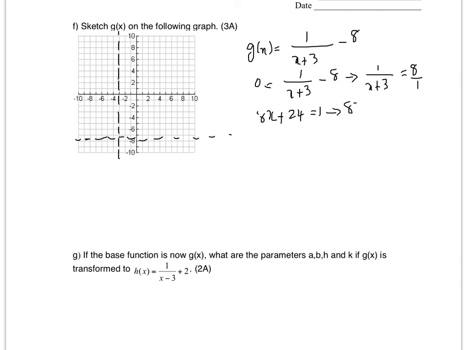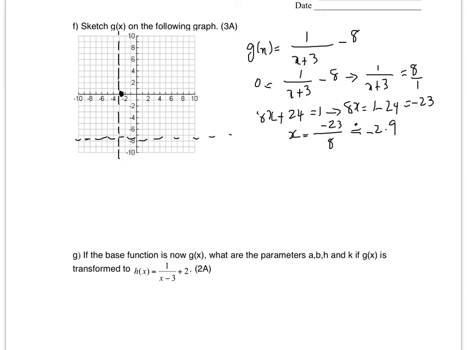So 8x is equal to 1 minus 24, which is minus 23. So x is equal to negative 23 over 8, and negative 23 over 8 is approximately negative 2.9. So my x-intercept is negative 2.9, which is going to be somewhere around here.